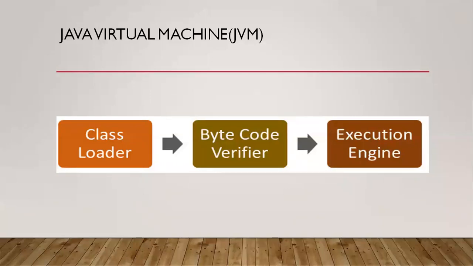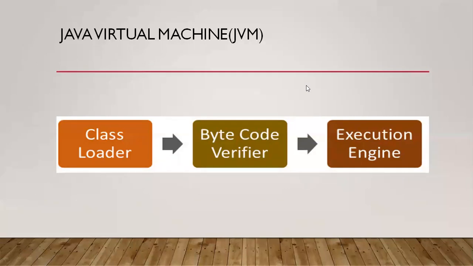And after that, it will load some other native library functions to execute a Java program. Clear? So all those tasks will be done by the runtime memory of a JVM.